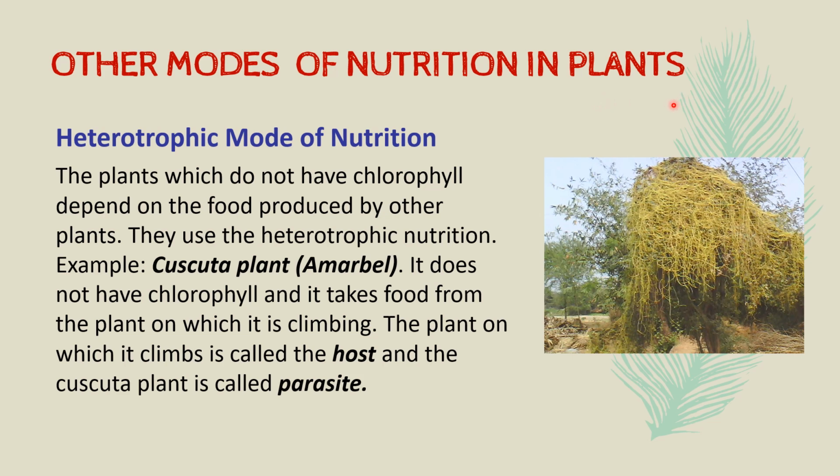Now we know that plants have a green pigment. What is it called? Its name is chlorophyll. And what is the role of chlorophyll? Chlorophyll captures or traps the sunlight, because photosynthesis needs sunlight. Now just think about some plants that have no chlorophyll.